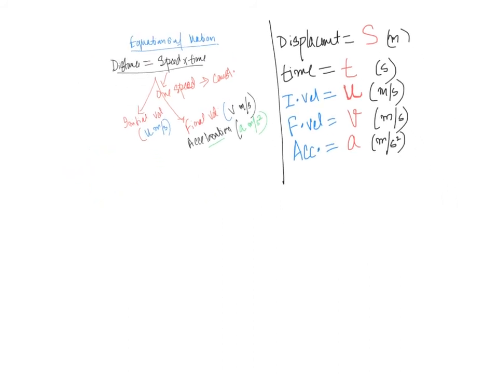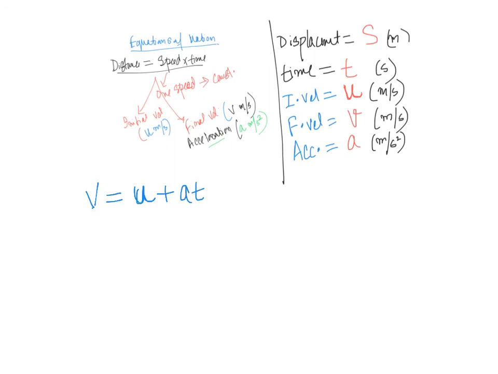Let me also write these three equations here, and from the next slide onward I will be deriving these equations, how they are coming. So the equations of motion are: v is equal to u plus at. This is one equation.